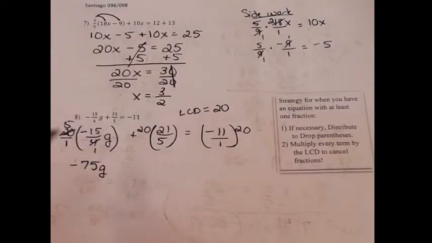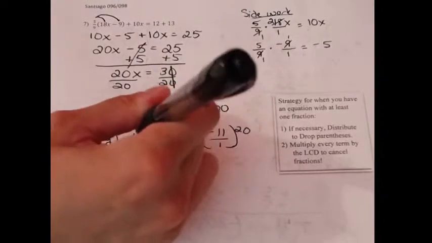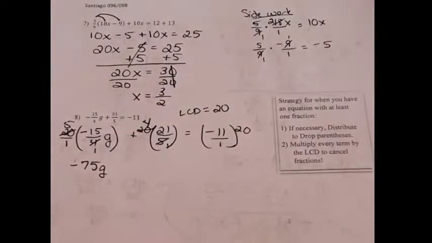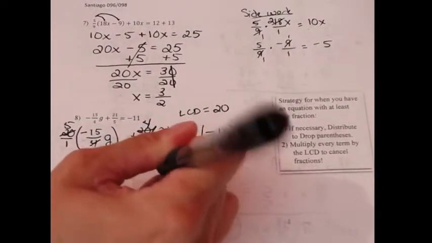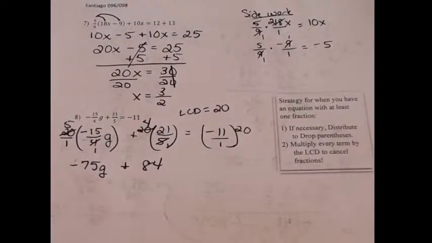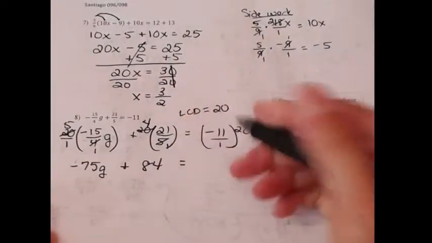We're very careful to keep track of every single piece that we see. That's how we have to do the math. We have to be super careful. For our second term, 5 goes into 5 once and 5 goes into 20 4 times. That leaves us with 4 times 21. And that's going to give us 84.